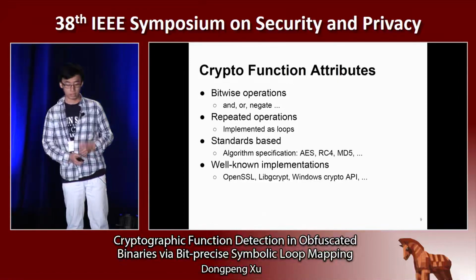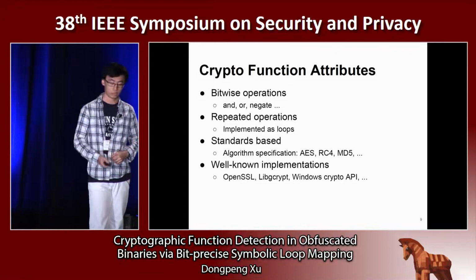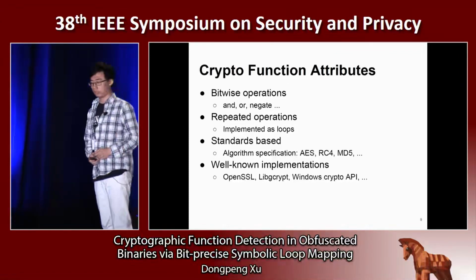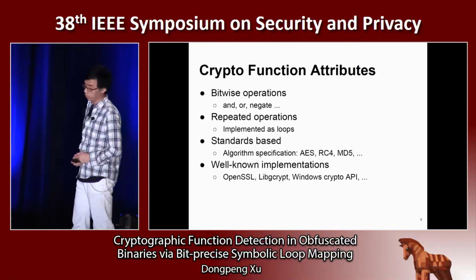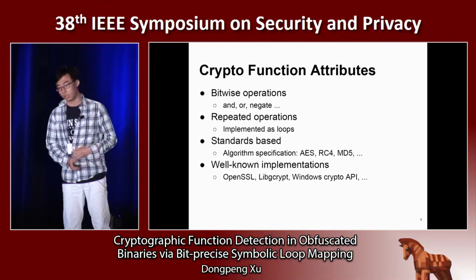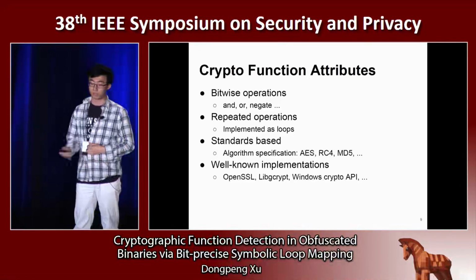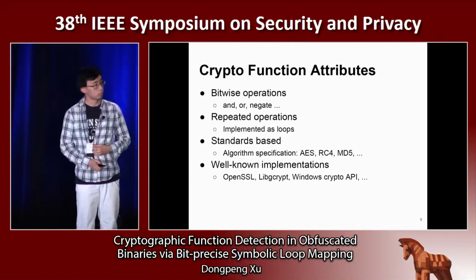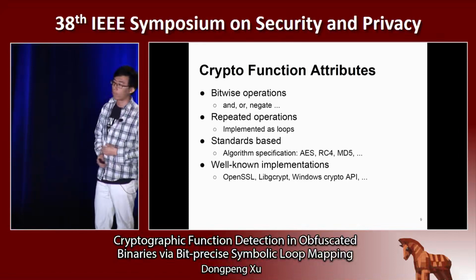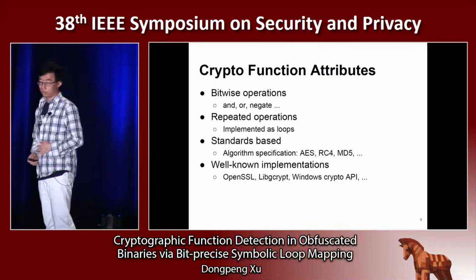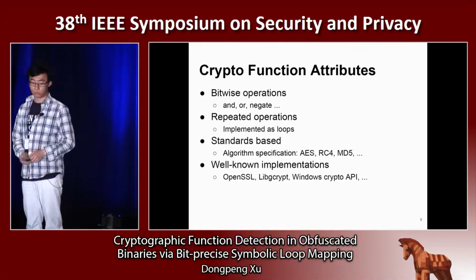Usually, they are implemented as several loop structures. The third is that crypto functions are usually standard-based. There is a very detailed algorithm specification for a given crypto function. And lastly, crypto functions usually have lots of well-known reference implementations, such as open source libraries.